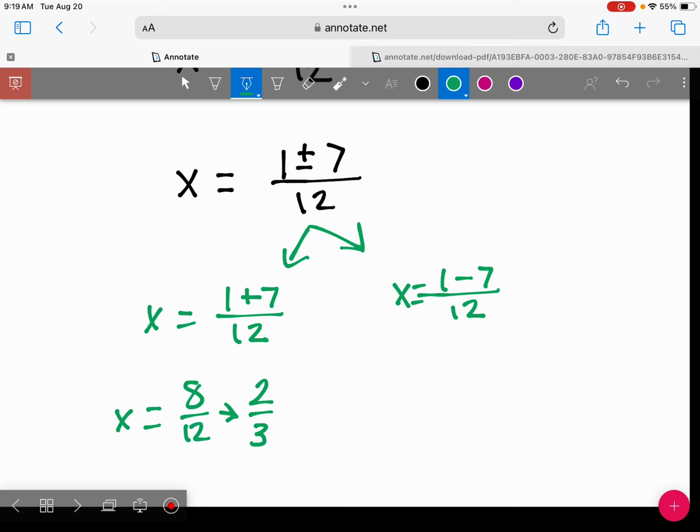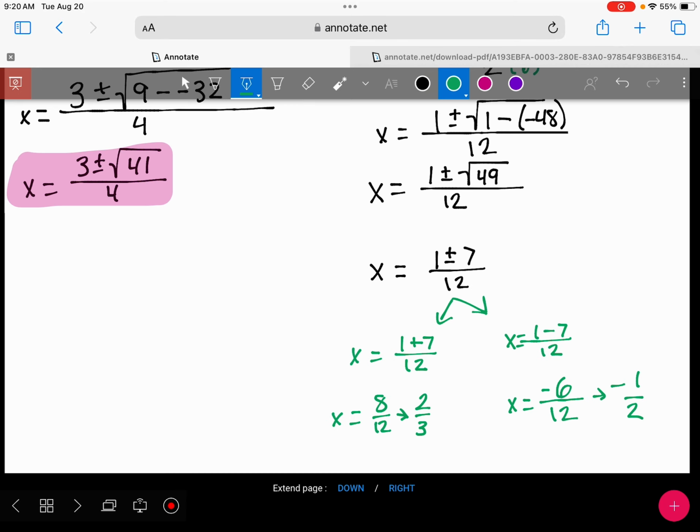Slow down on our simplification sometimes. And this one is going to be 1 minus 7, negative 6/12. So negative 1/2. So if we can get us all the way down to solutions, I've got my two roots here. Two solutions, roots, intercepts.